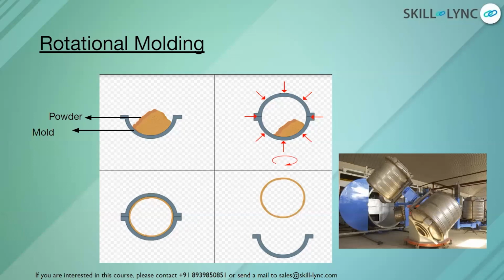Based on the centrifugal action, the powder melts and takes the shape of the walls of your mold, and then you get the shape. Some of the water tanks are generally manufactured using rotational molding, or roto molding as we generally call it.